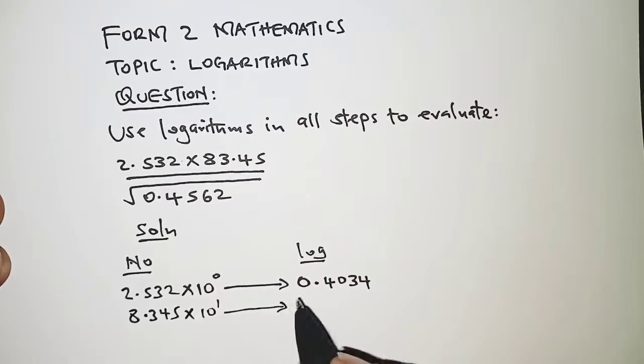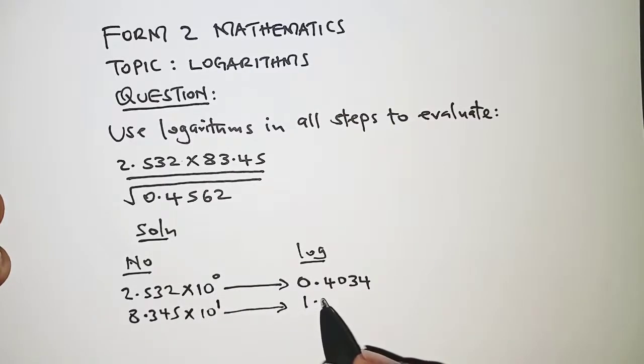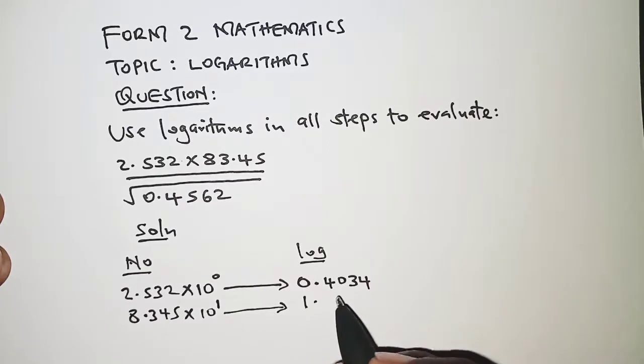So the power becomes the characteristic. So 1. So here we have 1 point. And then the mantissa is obtained by reading 8.345 from the tables. So the logarithm of that should be 0.9215.